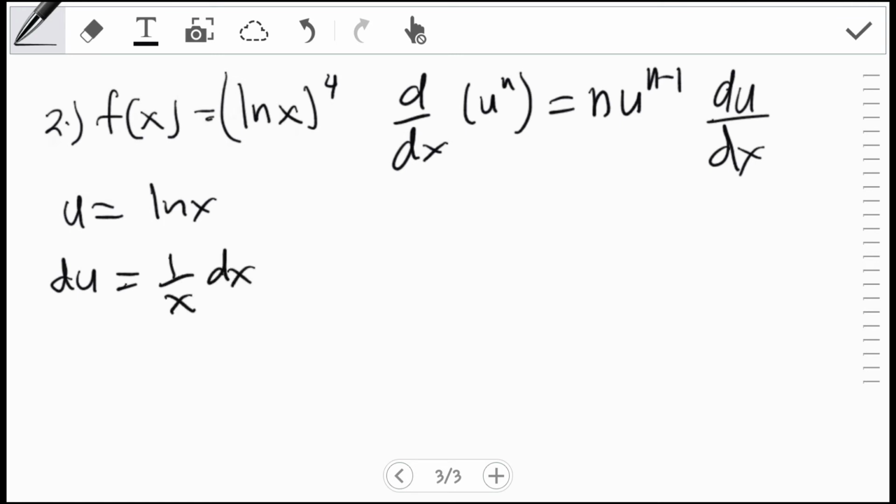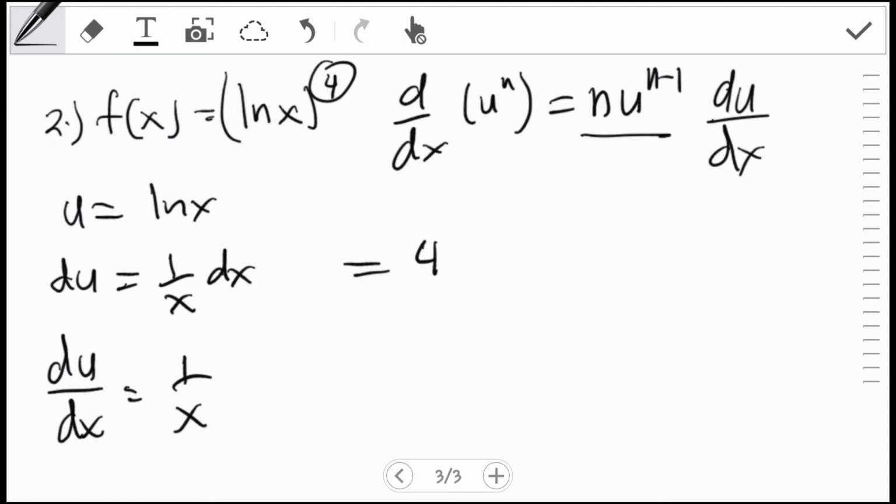Then n is 4, and u is ln x to the power 4 minus 1, and du over dx is 1 over x.